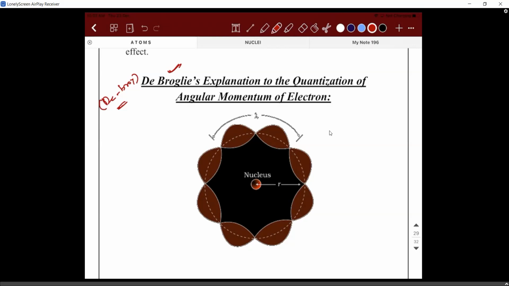This is a very famous effect performed by Einstein: the photoelectric effect. In the photoelectric effect, light exhibits particle nature. So we should have discussed all those things.